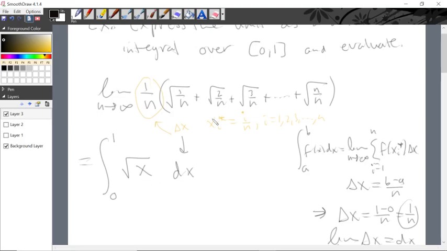All right. Written as a Riemann sum, this would be the limit as n goes to infinity of the sum i equals 1 to n. Our f of xi star is going to be the square root of i over n times delta x, where delta x is equal to 1 over n.